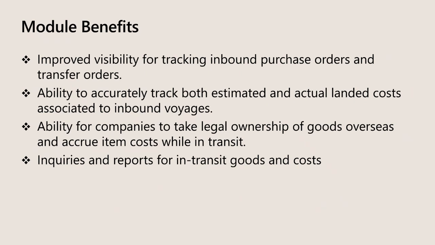Third point here is it provides for the ability for the company to take legal ownership of those goods overseas as well. So for those of you that are familiar with or have been working with supply chain management, this has been an area that we have not had a great story around in the past. So with this module, we actually have the ability to post AP invoices for those purchase orders ahead of the goods actually being physically received at the warehouse.